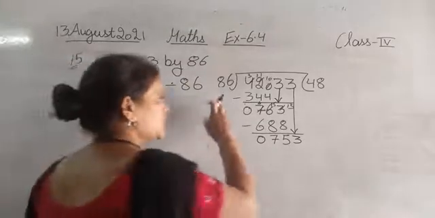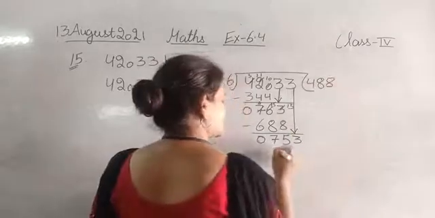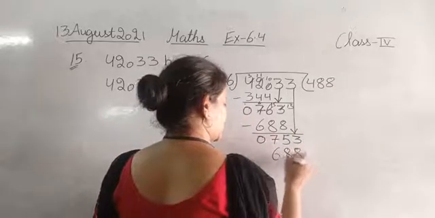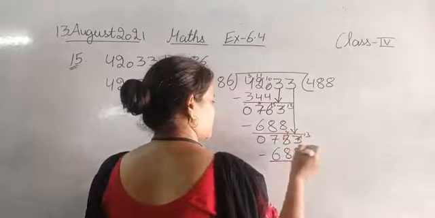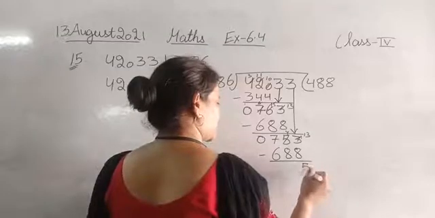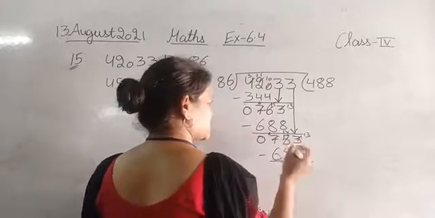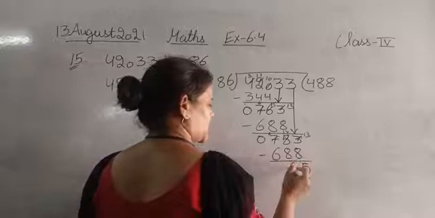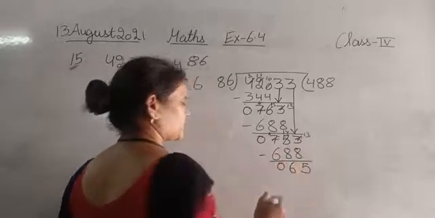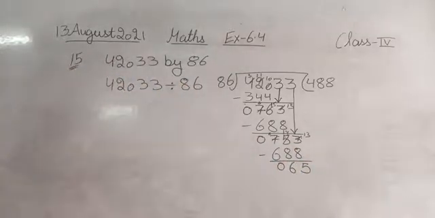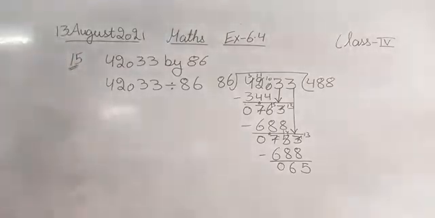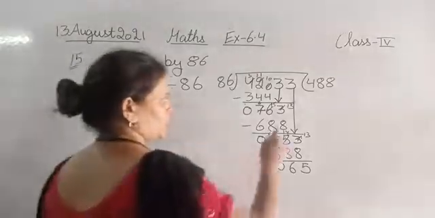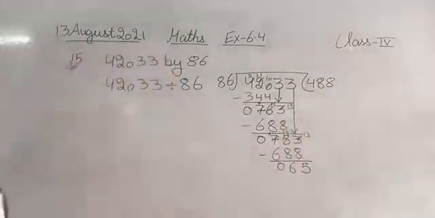Again 86 eights are 688. 753 minus 688 is 65. Now we don't have any other number in the dividend, so that means 65 is our remainder.